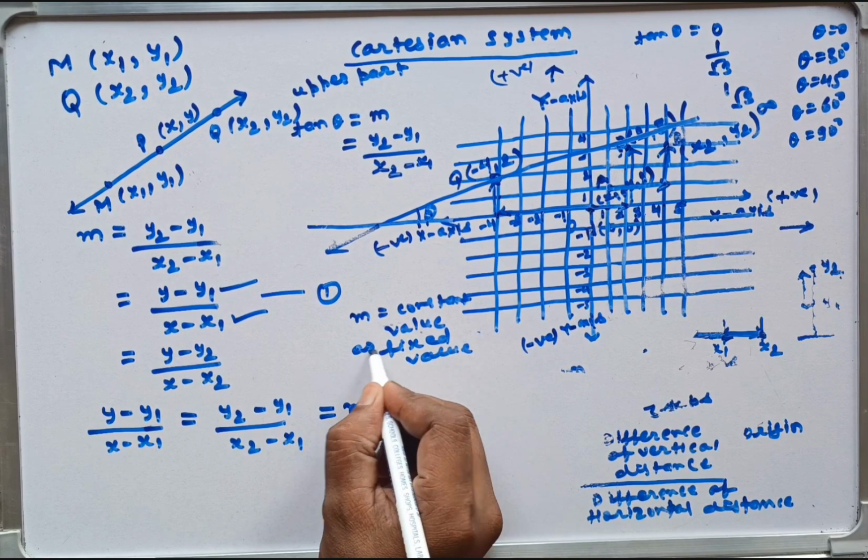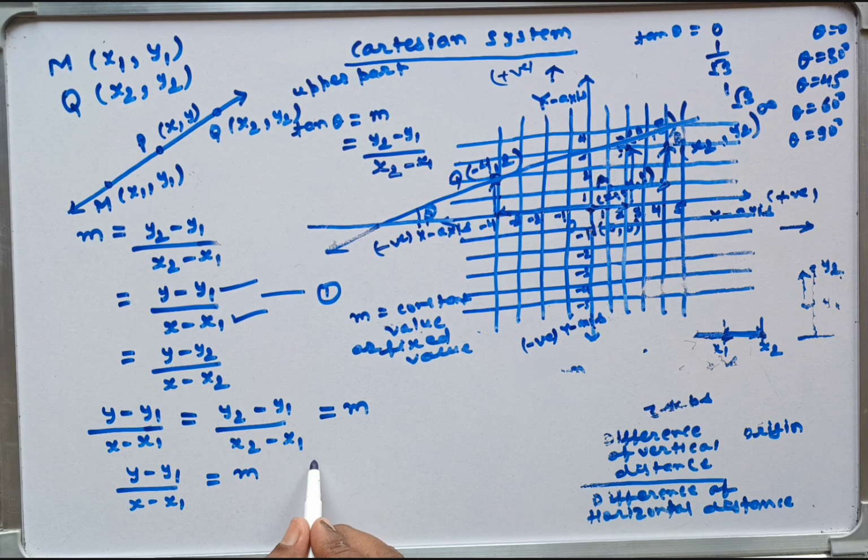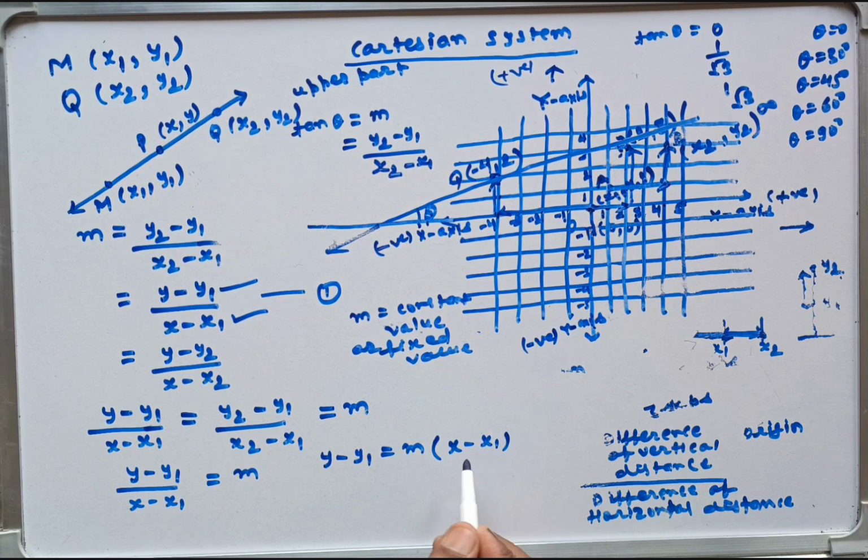Okay, so guys, next what we do, we can write y minus y1 equal to m into x minus x1. We can write here y equal to mx minus mx1, or this negative y1 goes from left to right, then it becomes plus y1.